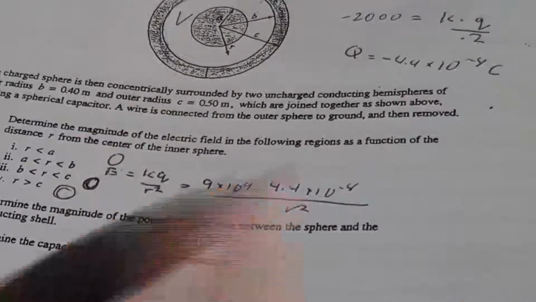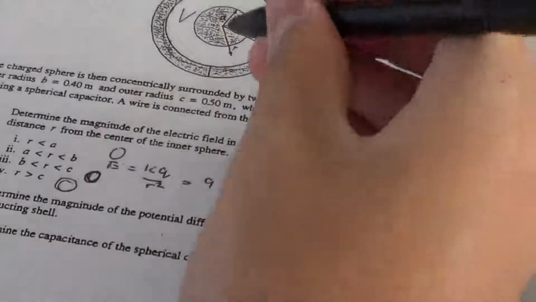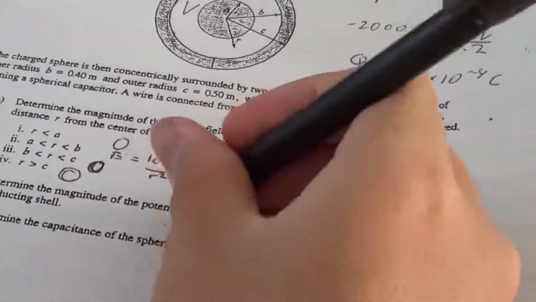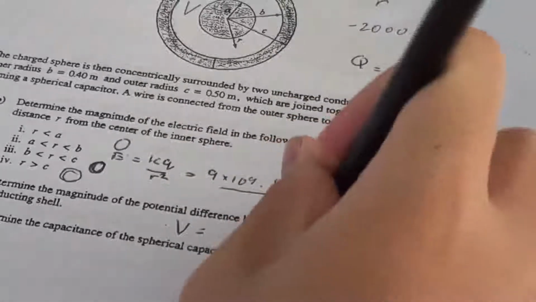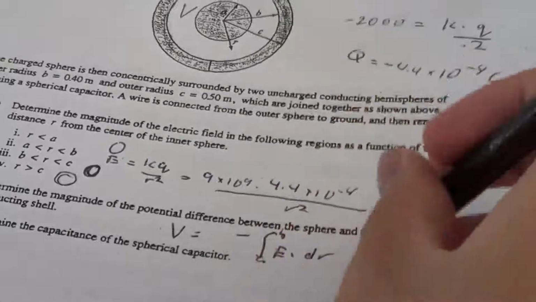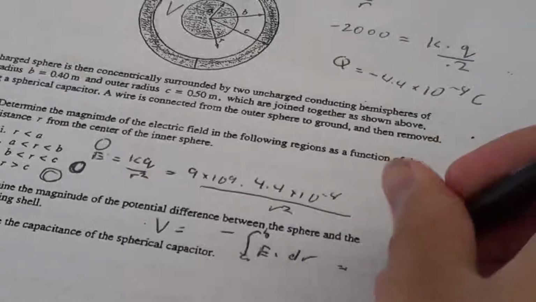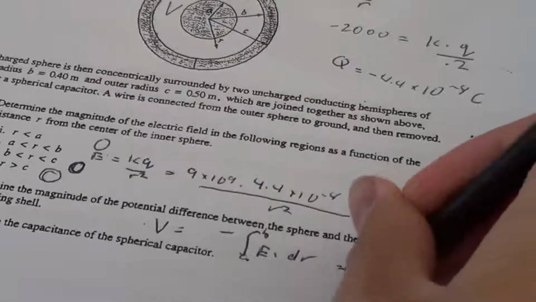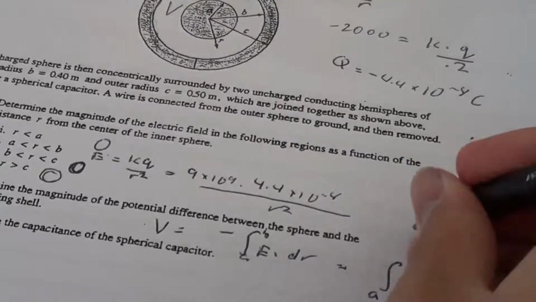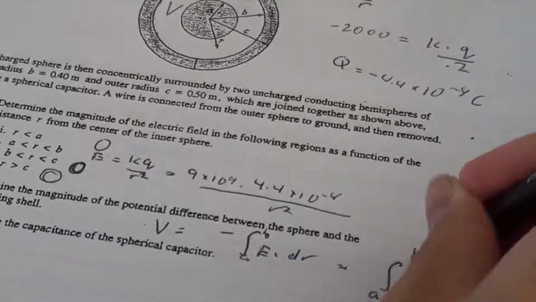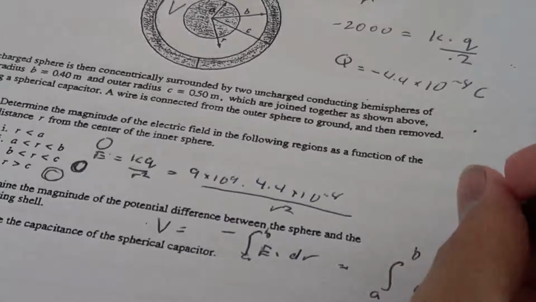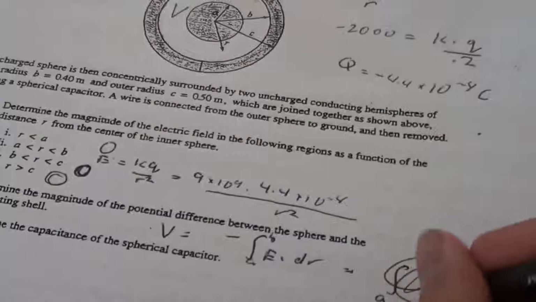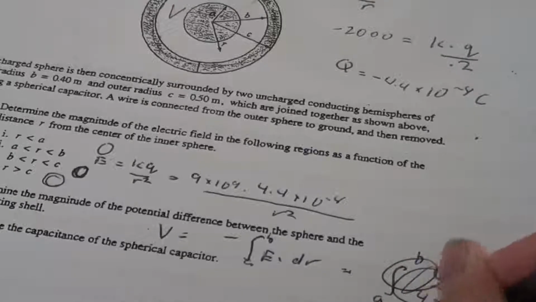Since the electric field does exist in between here, the electric potential does exist, so we can just use the formula V equals negative integral from A to B of E dot dr. We plug in the values, so for E, the integral from A to B of Q naught over 4 pi epsilon naught r squared, which is also known as KQ over R squared.